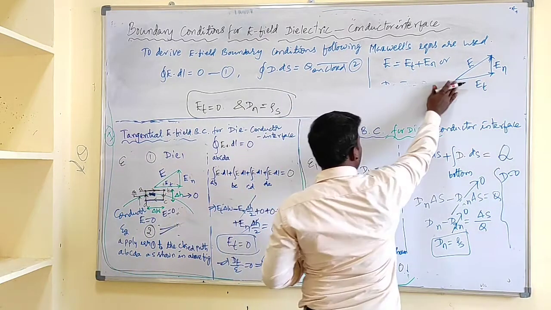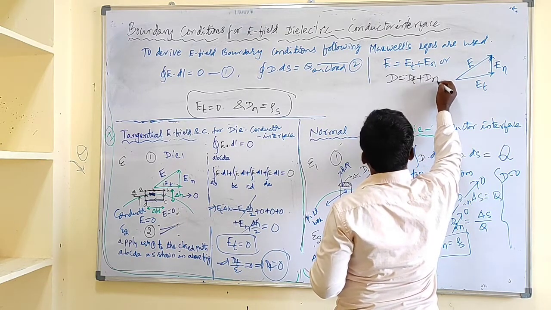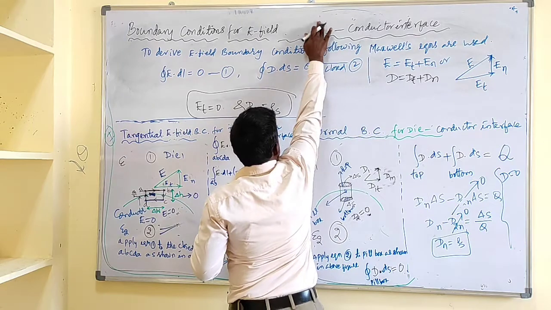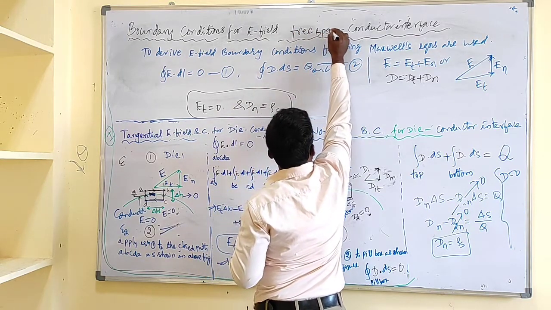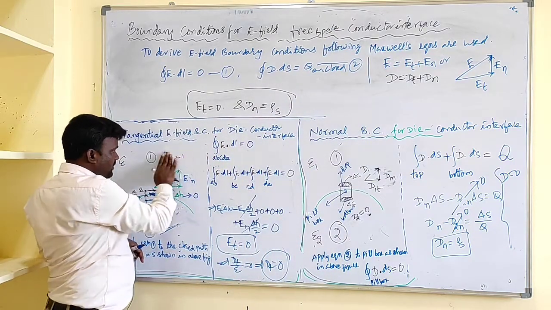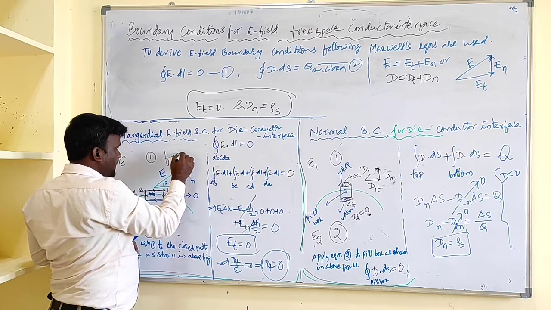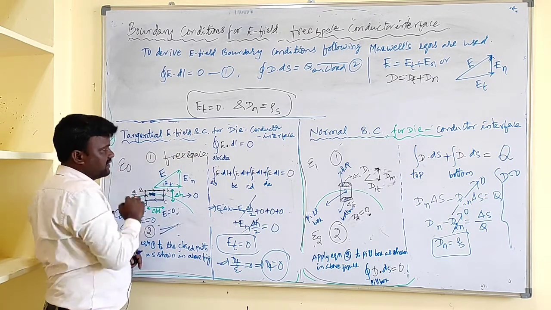Now we will derive boundary conditions for free space and conductor. Instead of the dielectric, this is replaced with free space, and the second part is the same. Free space means epsilon becomes epsilon naught.